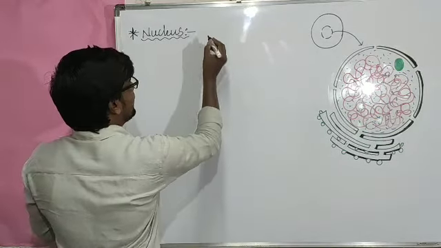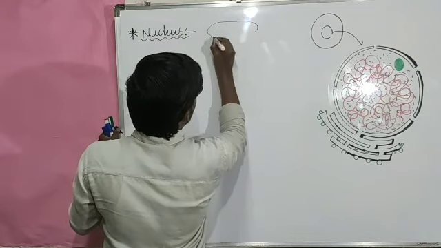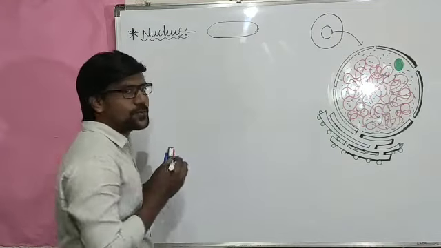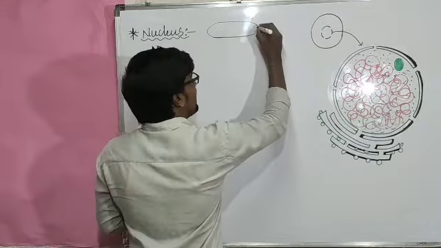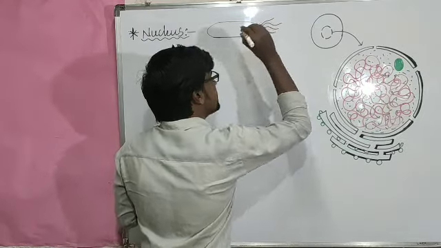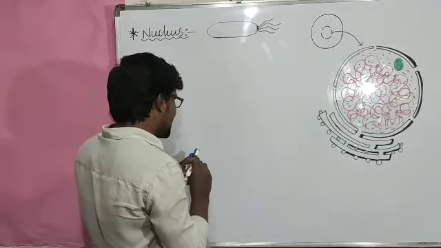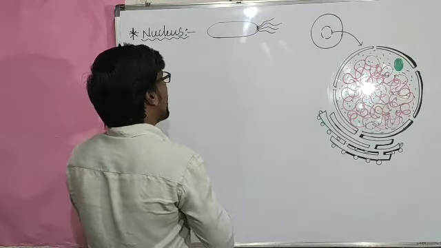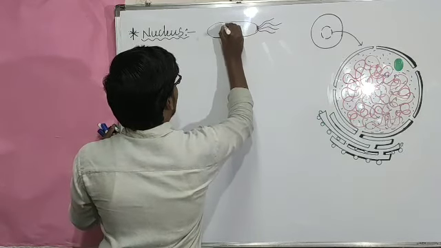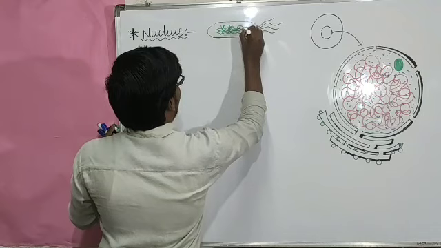Say, for example, if I consider a prokaryotic cell, imagine bacteria. As I already told you, bacteria is a prokaryotic cell, and sometimes bacteria might have flagellar structures for movement, for locomotion. Inside this bacteria we can observe this kind of structure, a thread-like structure.